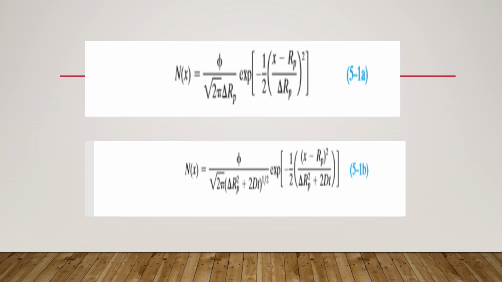The difference between these two equations is that we have attached the thermal budget here during annealing. Thermal budget is the diffusion coefficient multiplied by the time, that is, for how much time we have annealed that sample. So if we control this thermal budget, then we can save our device from damage.